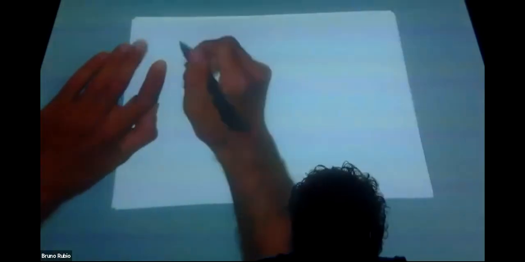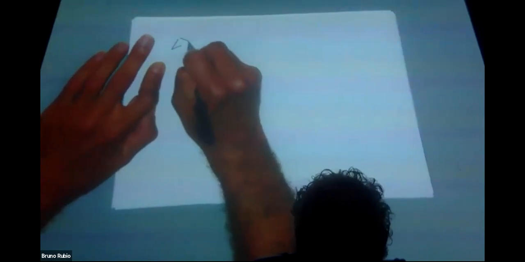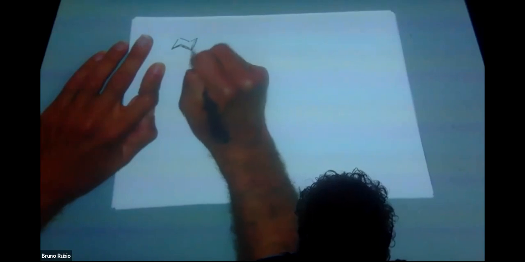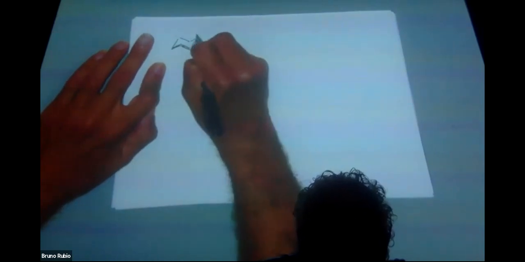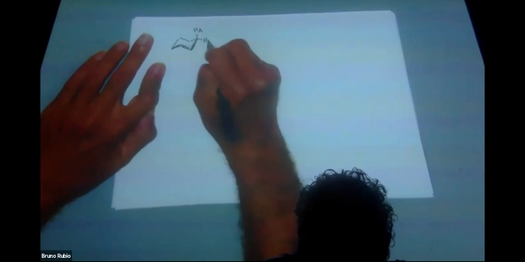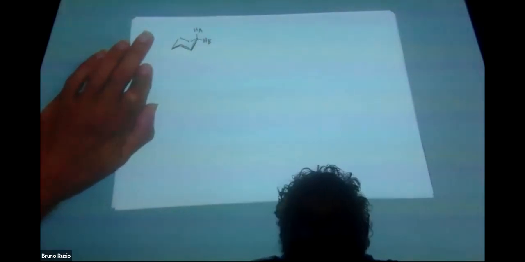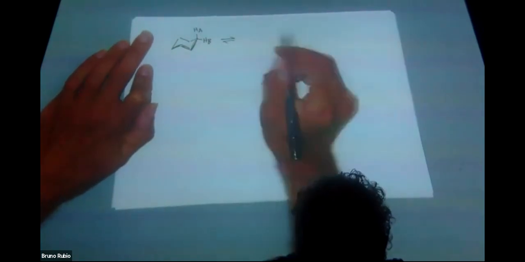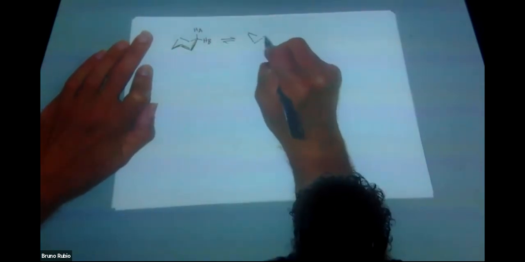Okay, so we have, going back here to chair cyclohexane, a proton, let's call him HA, he's axial. We have another proton, HB, he's equatorial. And this is undergoing a chair flip.